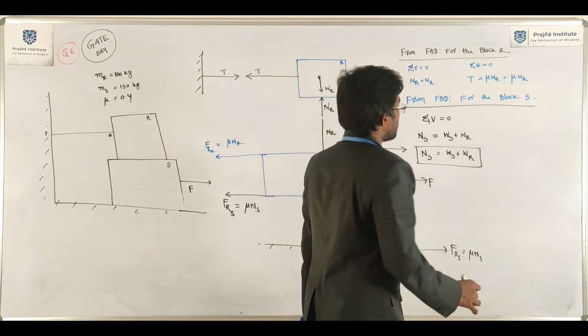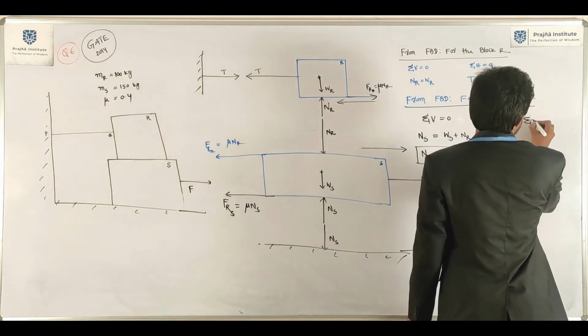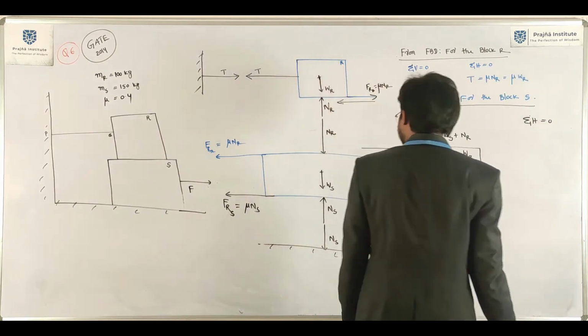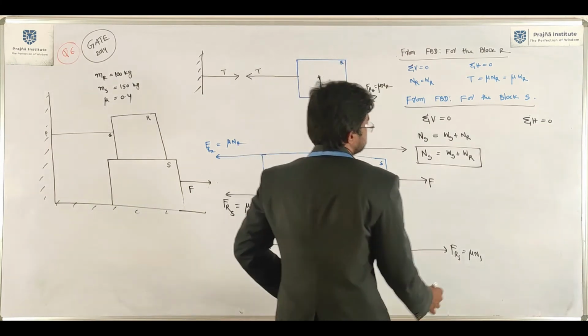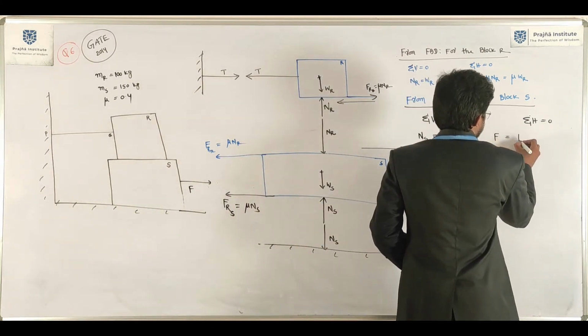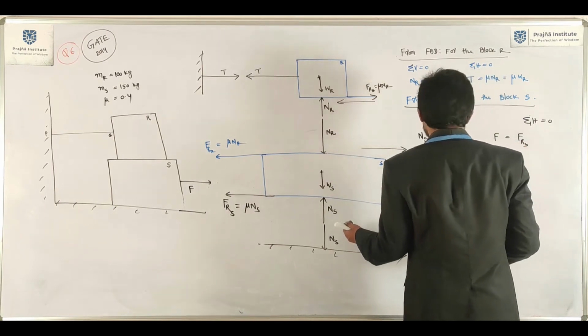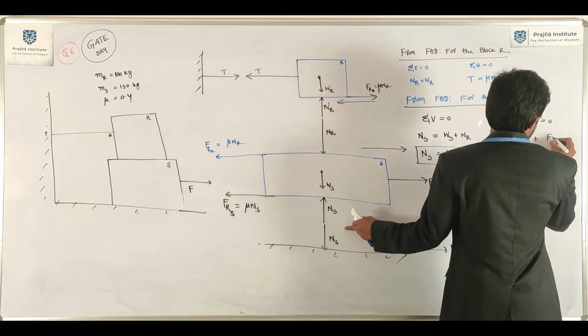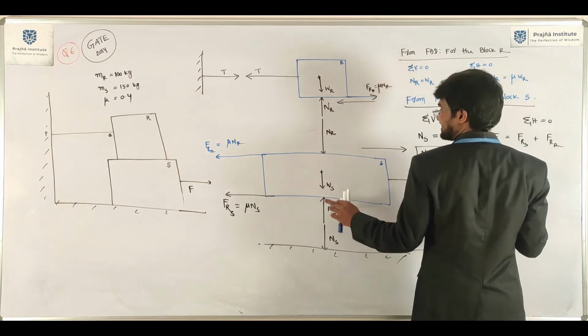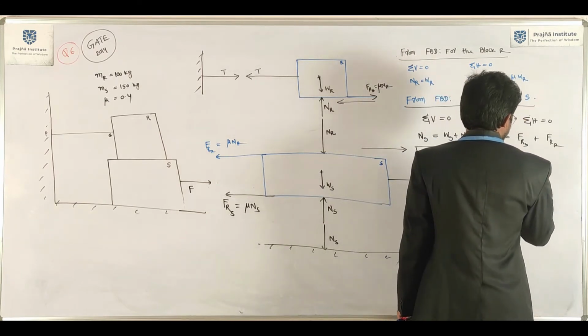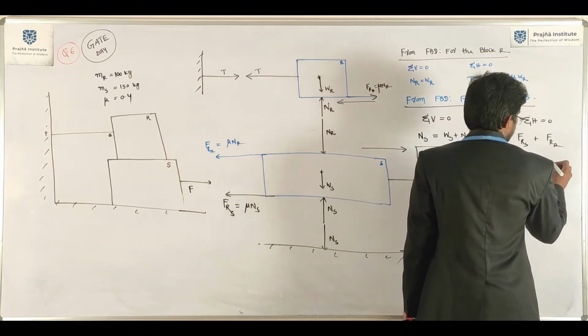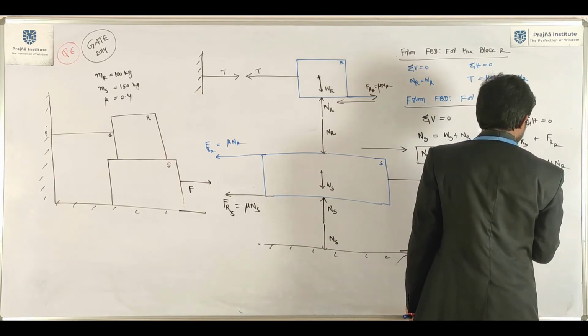Sigma H equals 0. Then what you will get? F equals the frictional resistance at this contact surface plus, both frictional resistances we need to take, mu Ns plus mu Nr.